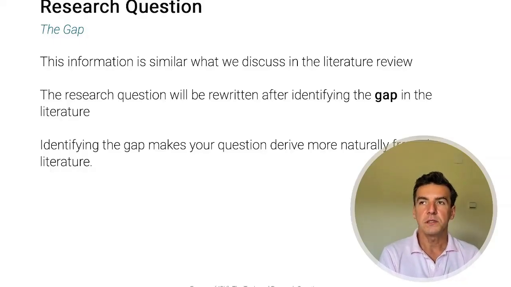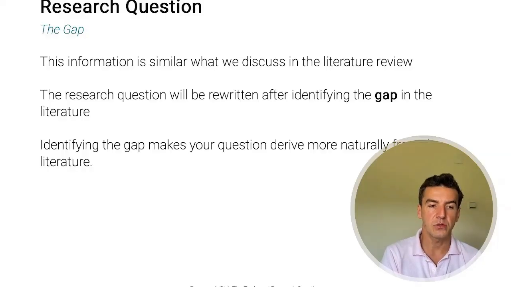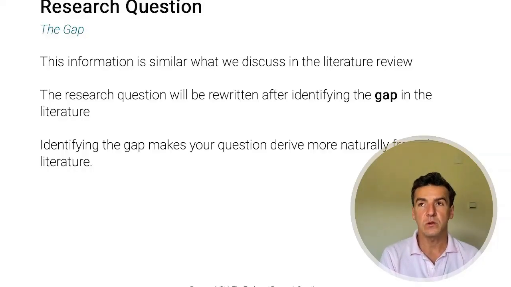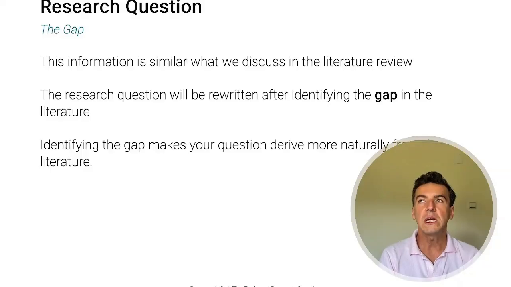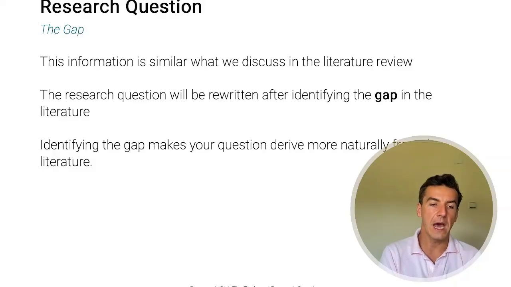It's also important when it comes to research questions to emphasize the gap. This is something that we're going to discuss more in the literature review, so I'll do a separate video on the literature review. It's also possible that the research question will be rewritten once you're more familiar with the literature and once you identify the gap.